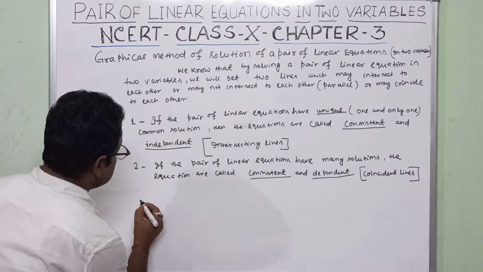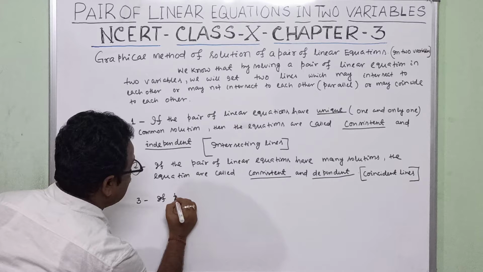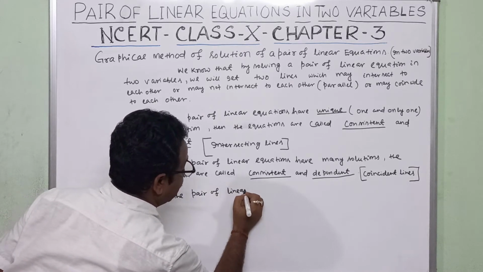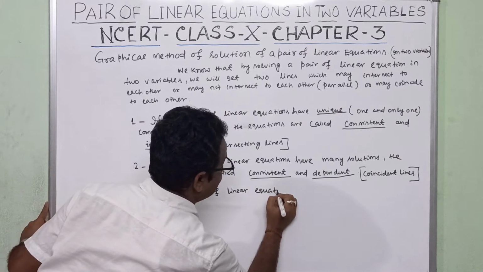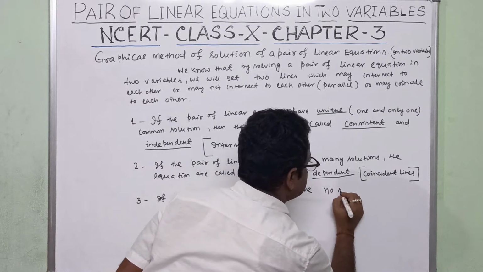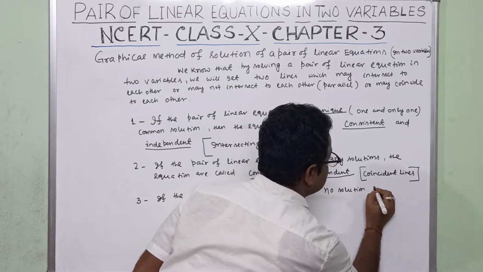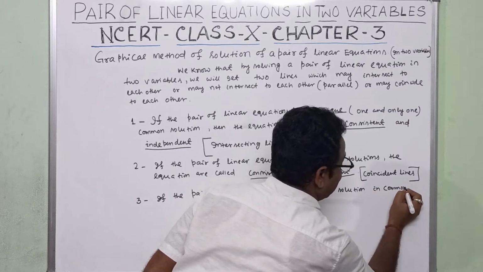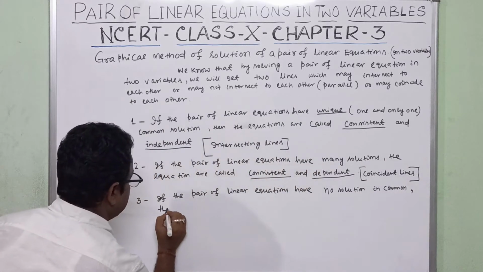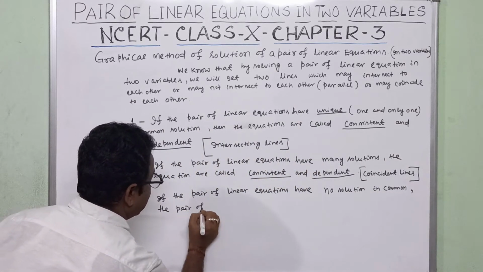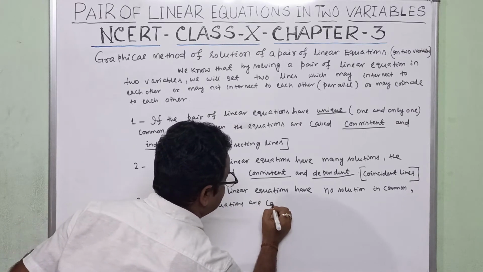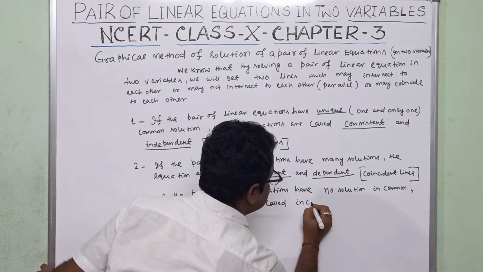Now, come to 3. If the pair of linear equations have no solution in common, the pair of equations are called inconsistent.